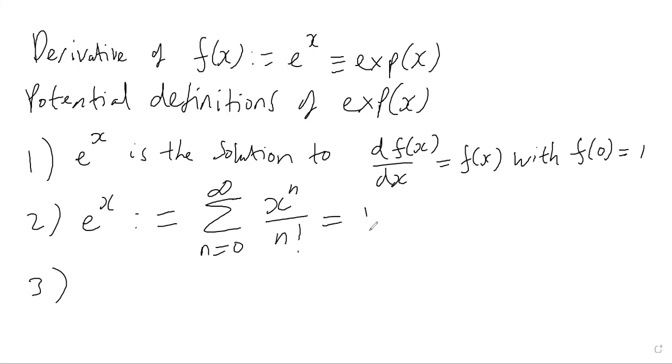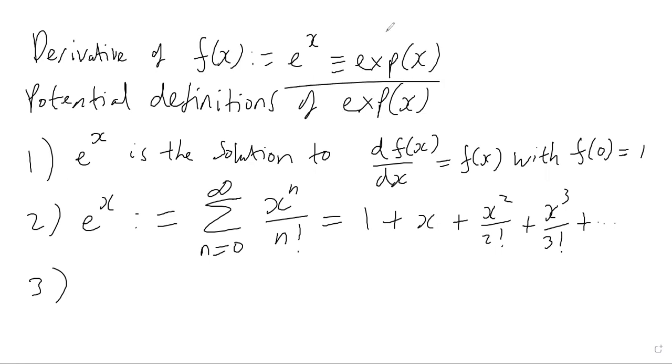This is just equal to 1 plus x plus x squared over 2 factorial plus x cubed over 3 factorial, and so on and so on. So again, definition 1 and definition 2 are equivalent definitions of this exponential function.